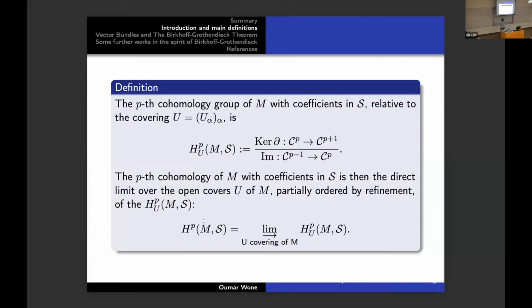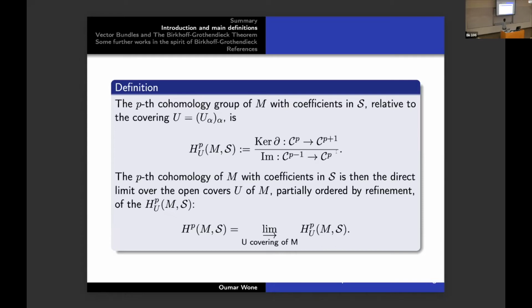Now we define the cohomology group with coefficients in S and relative to the covering. It is defined this way: we take the kernel of nabla from C^p to C^(p+1), and we divide by the image.